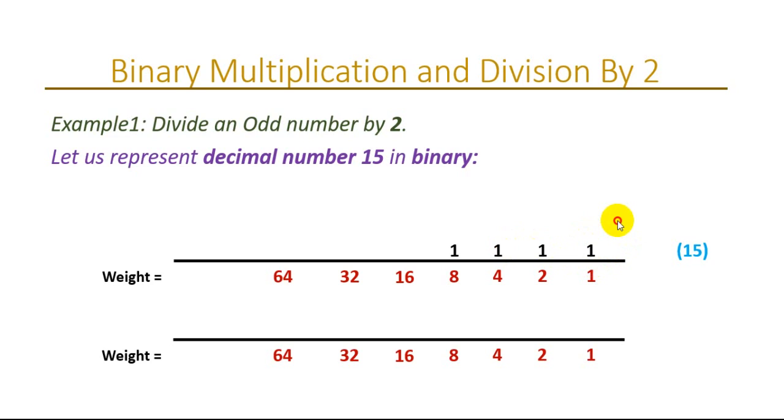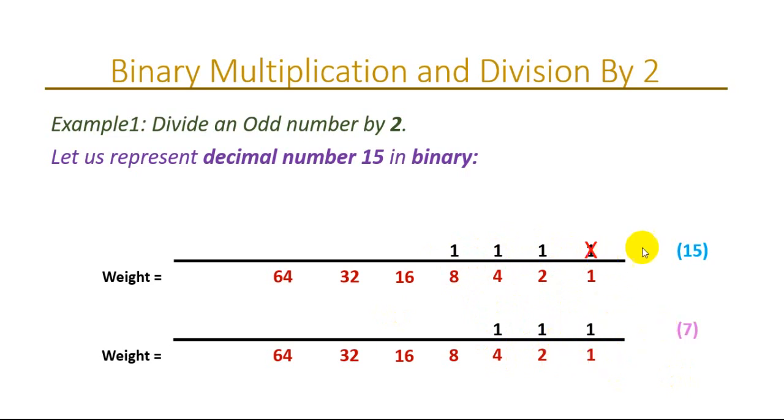So in this case, if we remove the last digit, we are left with these digits. We'll shift it onto this side. This one will come here, this one will come here, and this one will come here. So what do we have? 1 4, 1 2, 1 1. So 4 plus 2 is 6, 6 plus 1 is 7. So we have got 7.